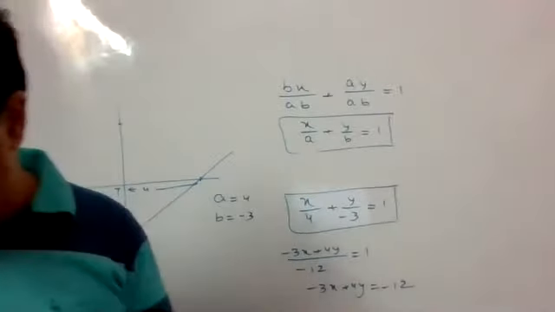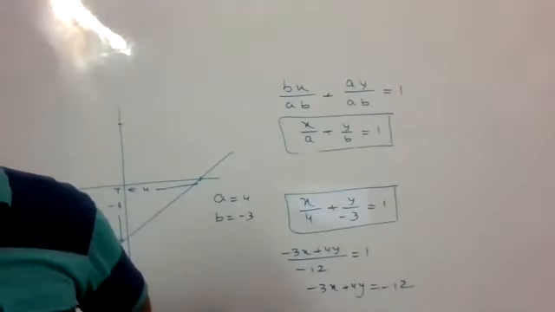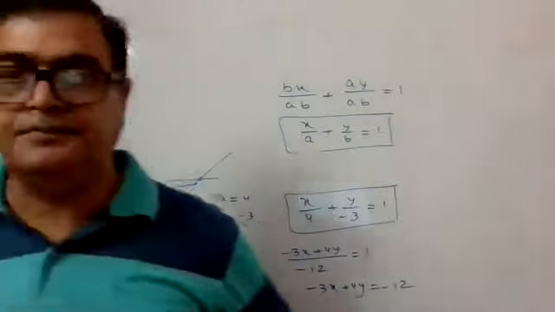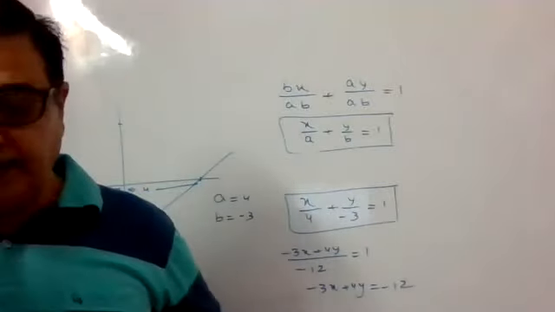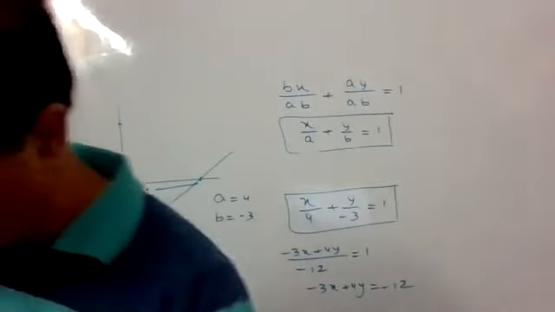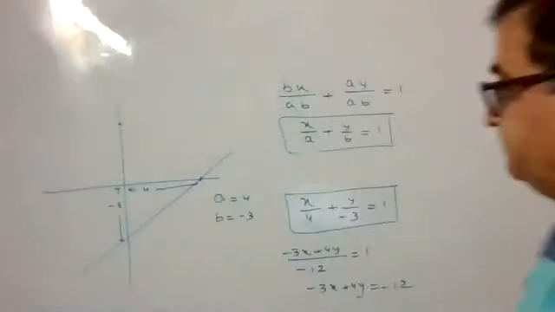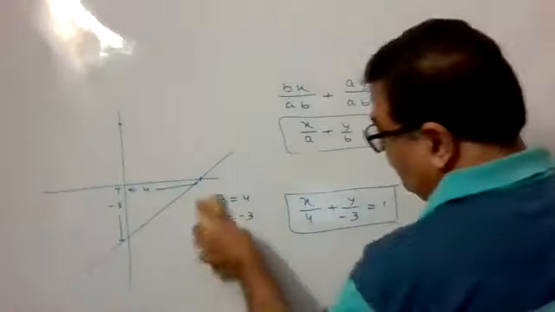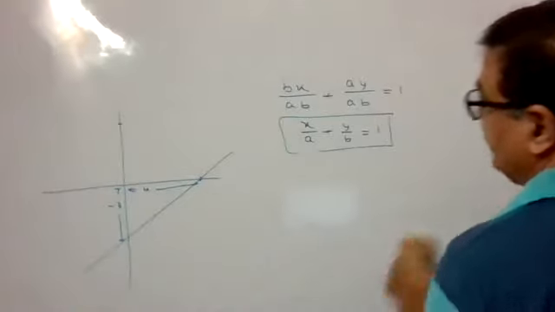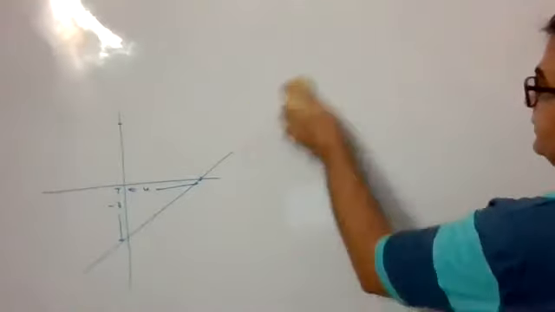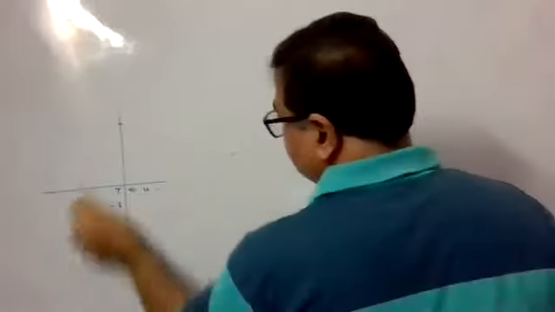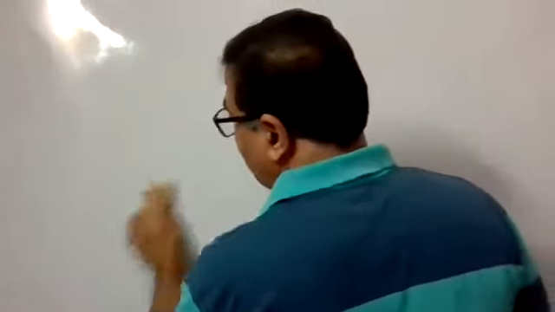Another question please. Find the equation of straight line which makes equal intercept on the coordinate axis and passing through point 2, 3.